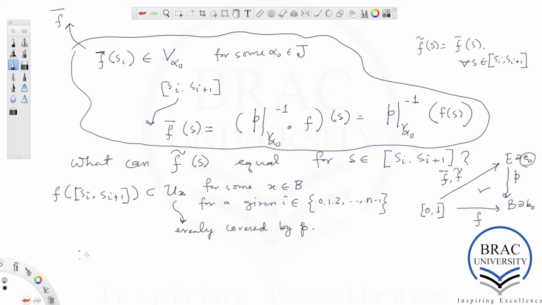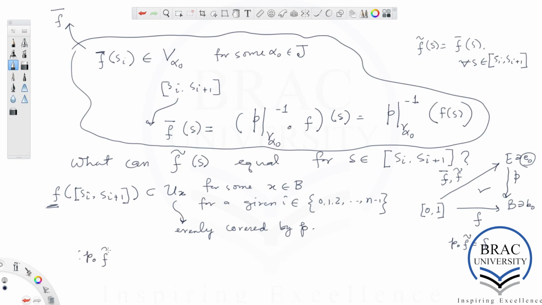Okay, so therefore, from the definition of lift, since F tilde is a lift of F, we must have P composed with F tilde equal to F. So we are just replacing F with P composed with F tilde.